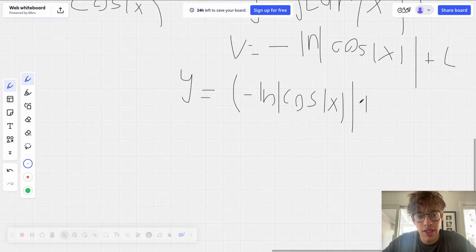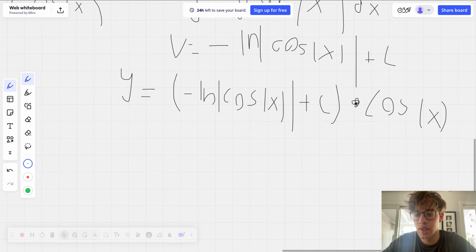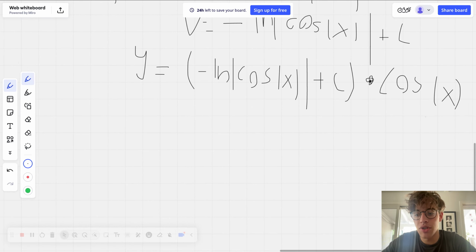Okay, now this is our general solution. So now we apply our initial condition, which was y of 0 equals 1/2.